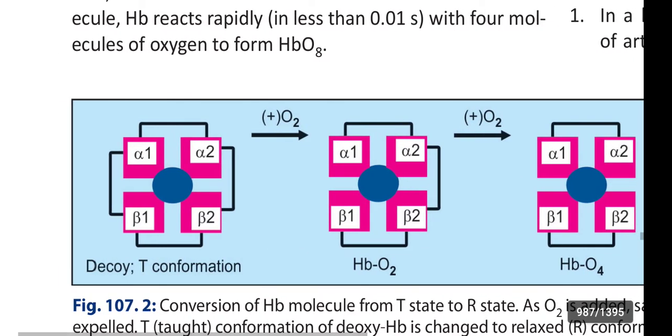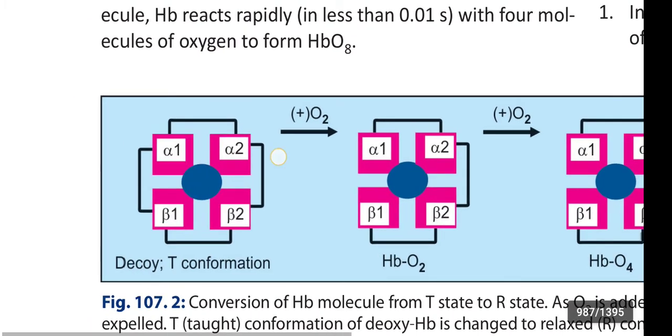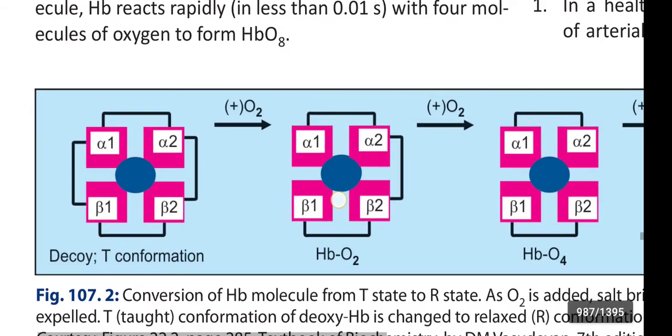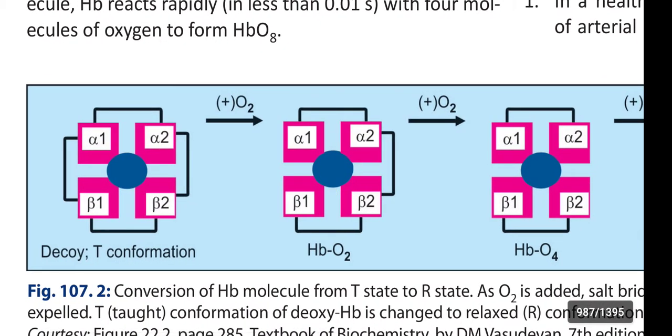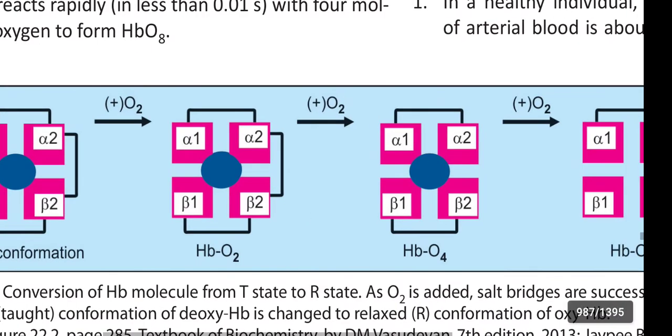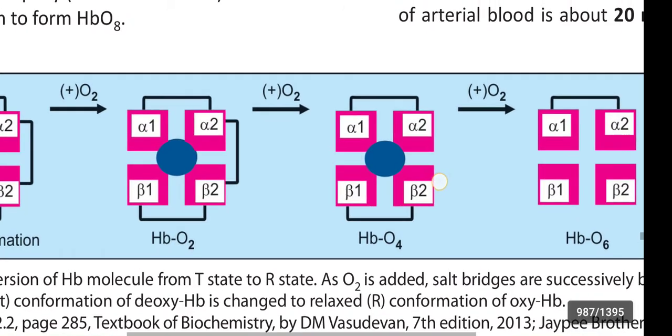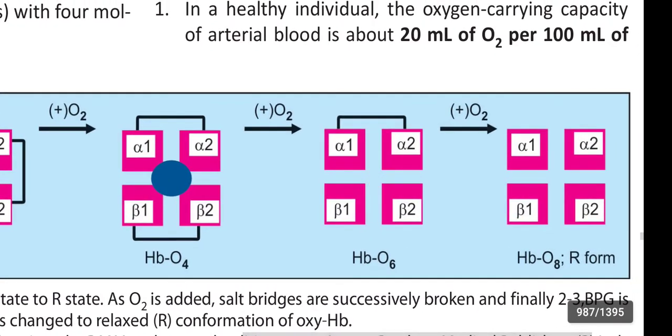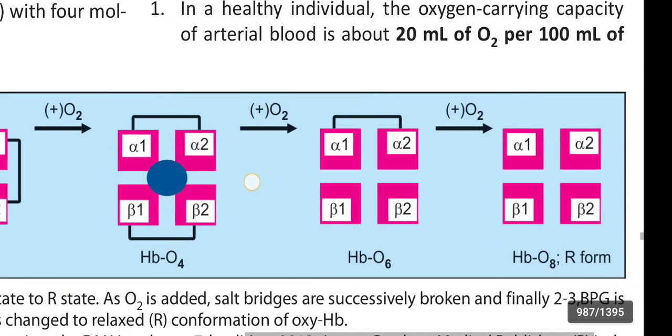See here guys, when the first oxygen binds with this hemoglobin molecule, some relaxation occurs, the next molecule attaches and there is a change in configuration, and with the next molecule some more change, and finally all the bonds are broken.